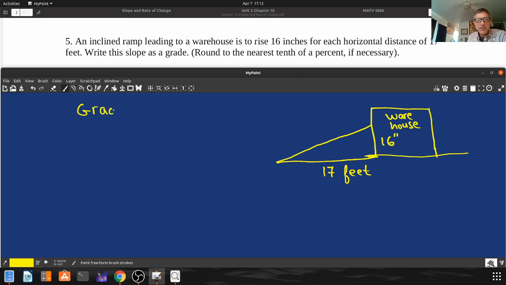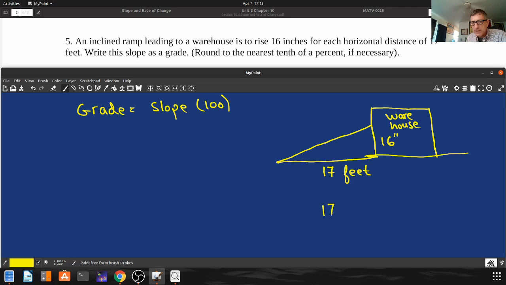But to find the grade, first we have to find the slope, and then we multiply it by 100 to get it into a percentage. So I'm going to leave 16 inches as inches, but I need to convert 17 feet to inches. For every 1 foot, we get 12 inches.